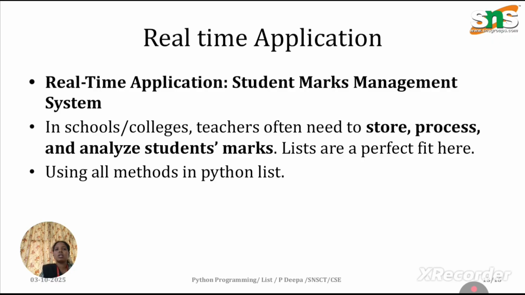We choose a real-time example: student mark management. The student mark statement can have a list of subjects, list of pass percentages, list of names, list of failures, less than 75, greater than 75. Likewise, we have the analysis part.